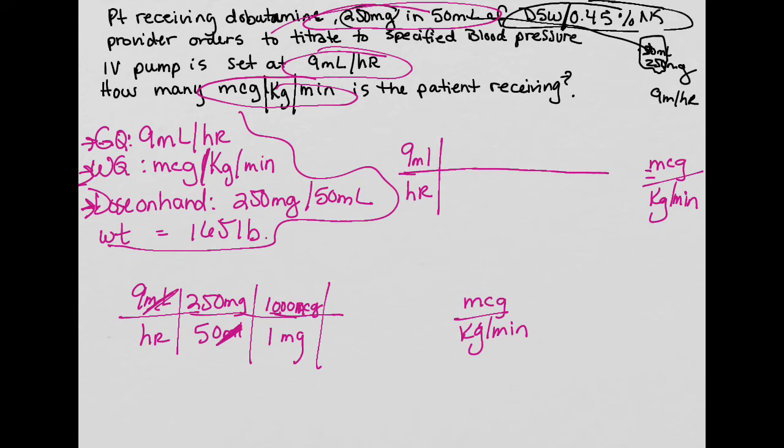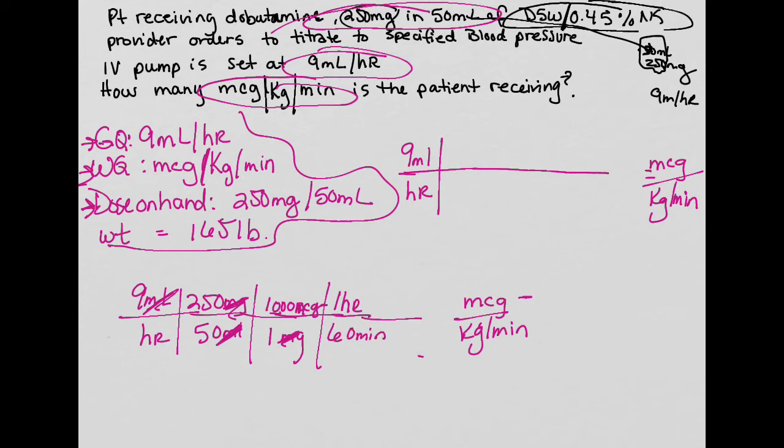So now I'm at micrograms. So I can now cross out this milligram. All right, so I have what I need up here, the 1,000. So this one's ready to go, but I don't think I'm done here because we need to do kilograms per minute. So I know 1 hour is 60 minutes.